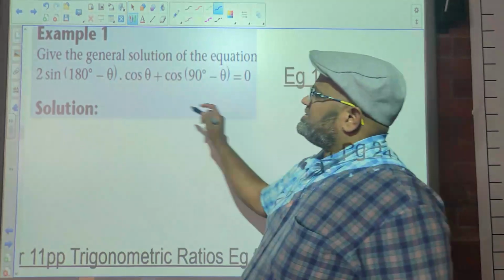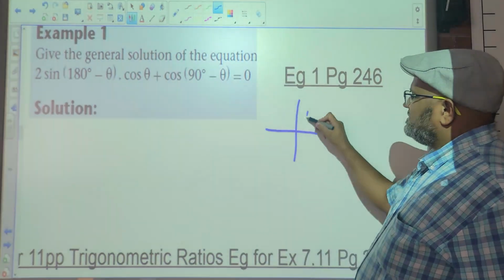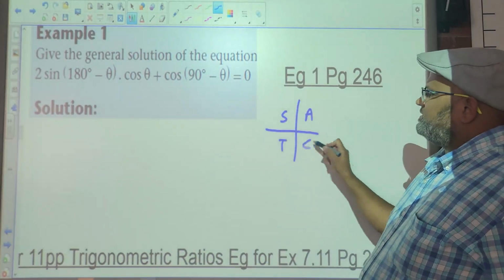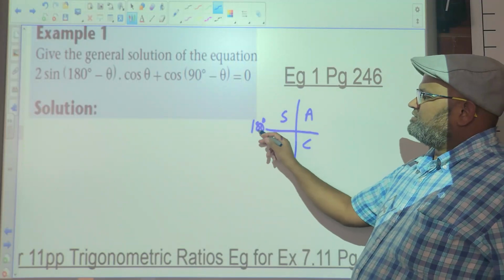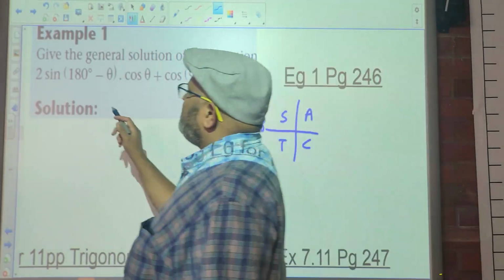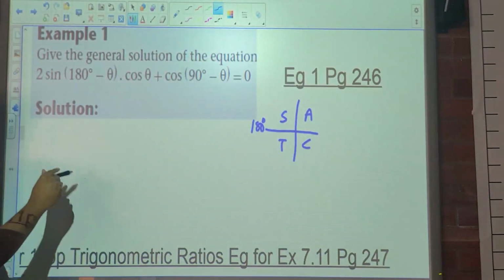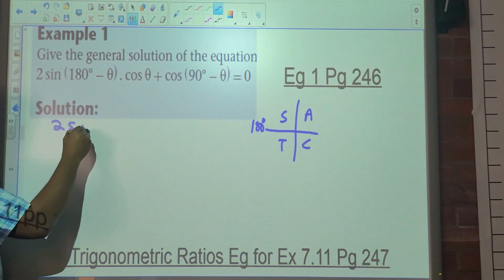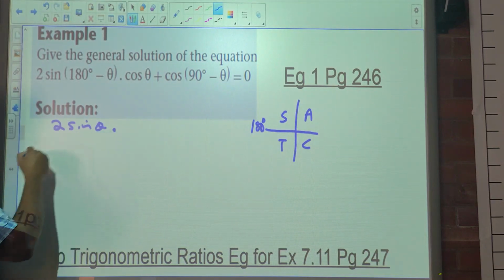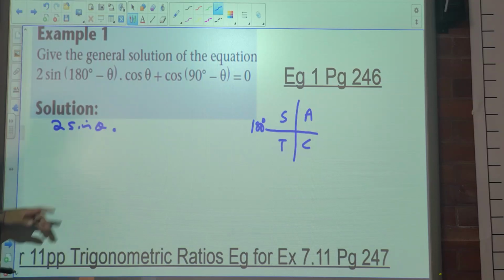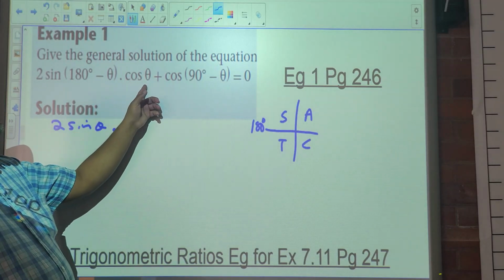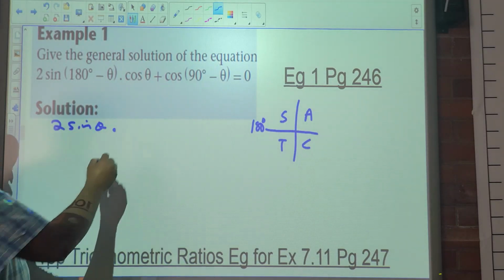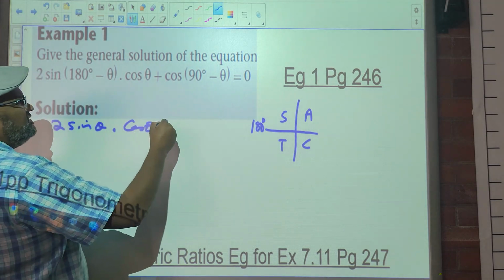So going to the first case, 180 minus theta puts you in which quadrant? Quadrant 2. Is sine positive or negative in quadrant 2? Positive. So it's 2 sine theta times cos of theta. Nothing happens here, it remains cos of theta.